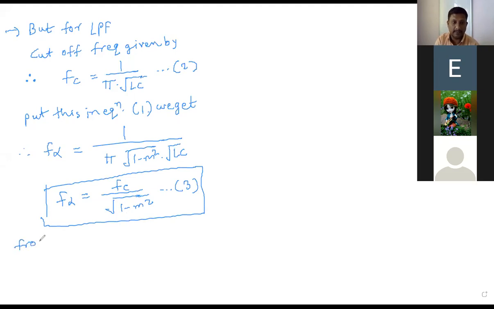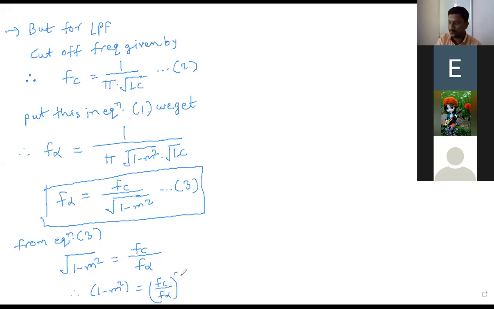So from equation 3, under root 1 minus m square you can take on the left hand side, equal to FC by F alpha. F alpha you take on the right hand side. Take the square on both sides. It becomes 1 minus m square is equal to FC by F alpha whole bracket square. m square you can take on one side.